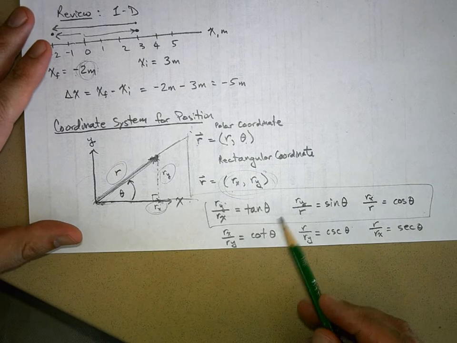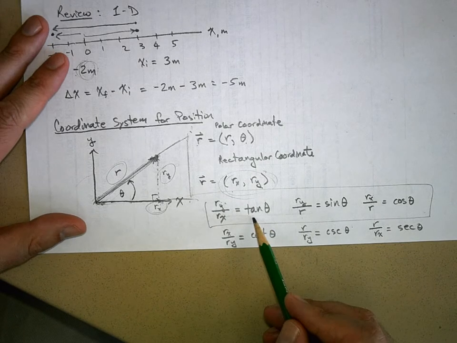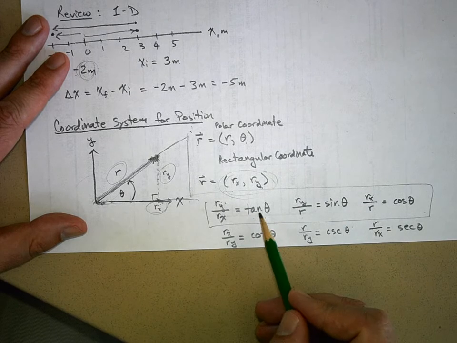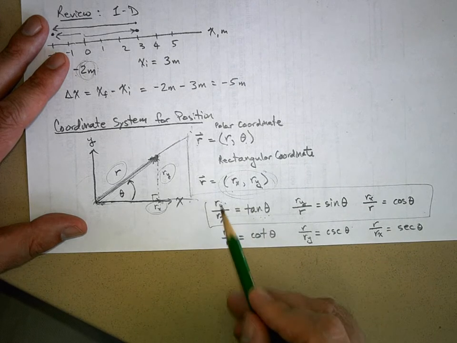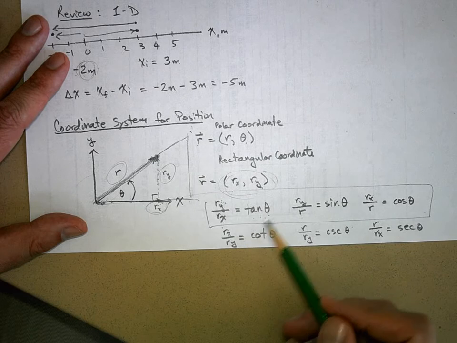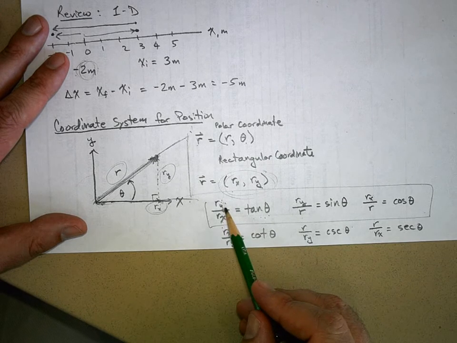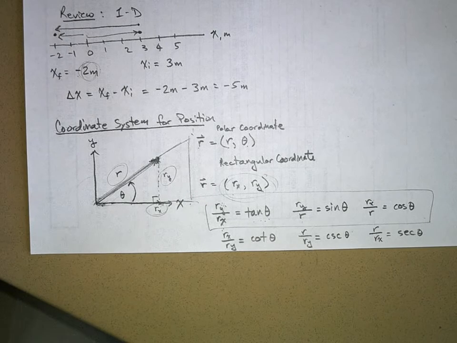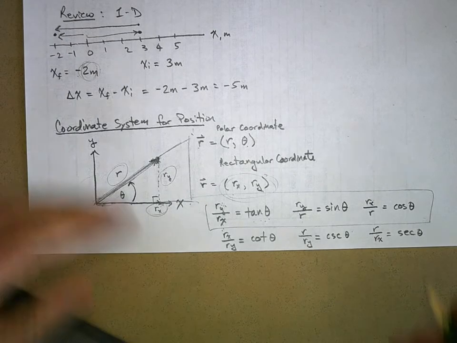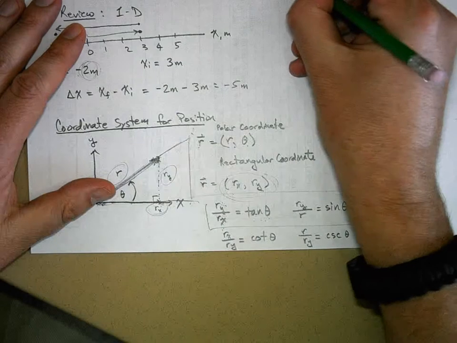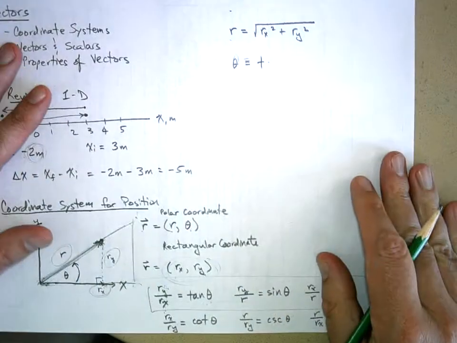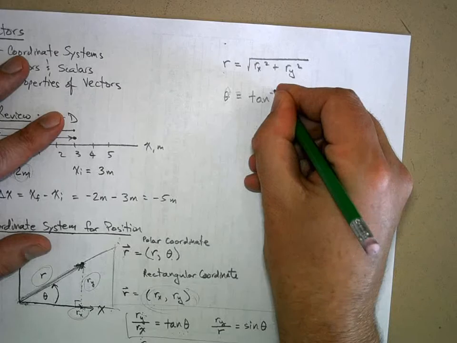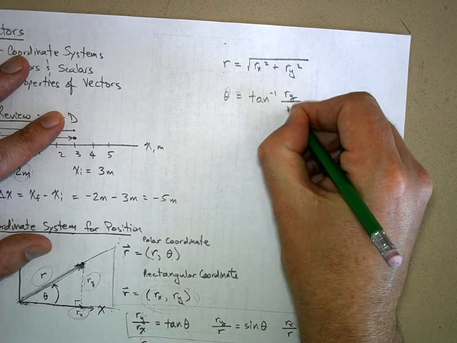So anyway, we can take this expression and we can solve it for the angle. In other words, here's what we do. You give me the angle, I'll give you the ratio of ry over rx. But if you give me the ratio of ry over rx, I can give you the angle by using the inverse function. I can say theta is equal to the inverse tangent of ry over rx.